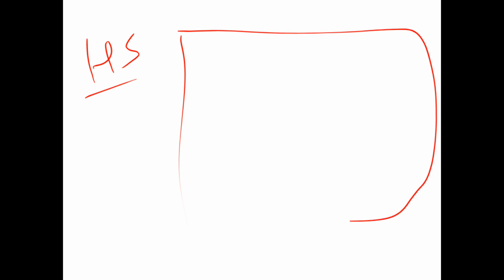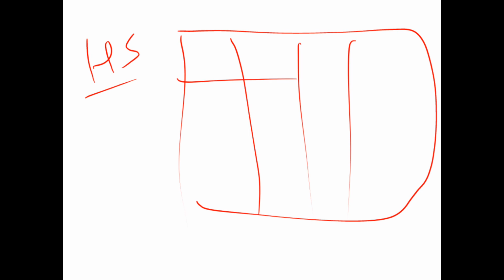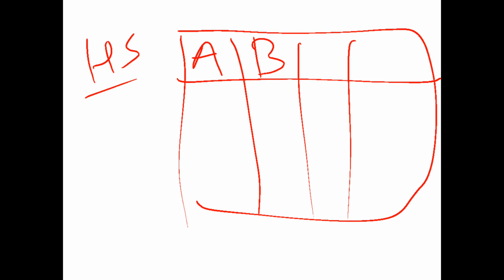So the half subtractor requires 2 inputs. Let me draw it here. The first input is A, the second one is B. So we have the difference, and we have the borrow.